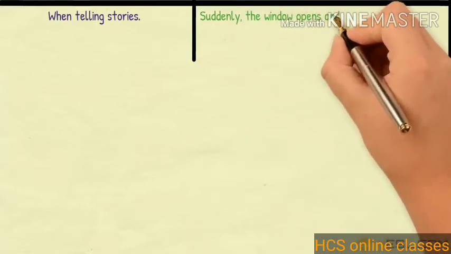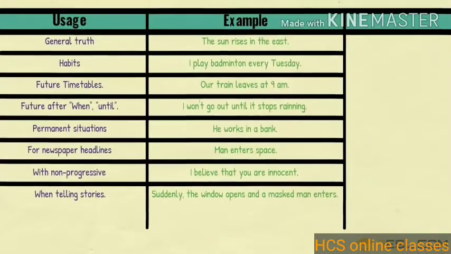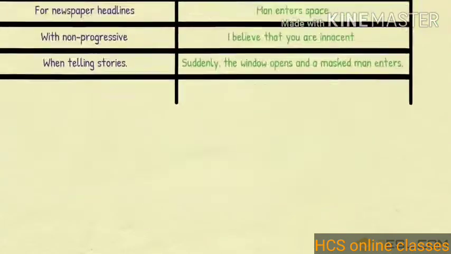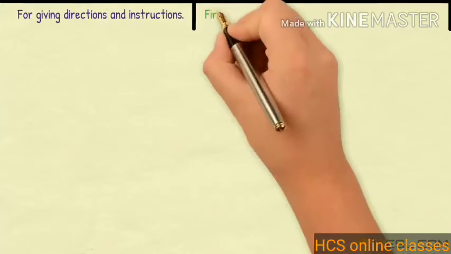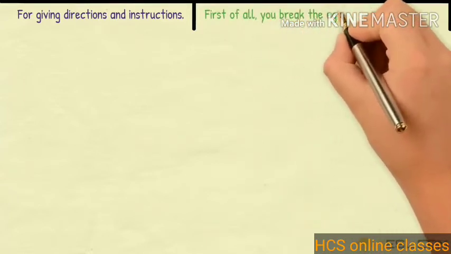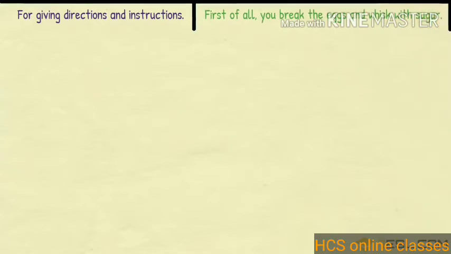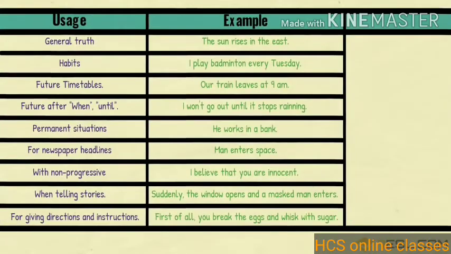Suddenly, the window opens and a masked man enters. Simple present tense is also used for giving directions and instructions. First of all, you break the eggs and whisk with sugar.